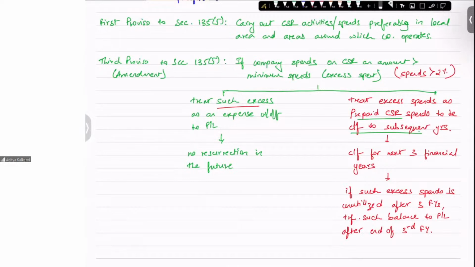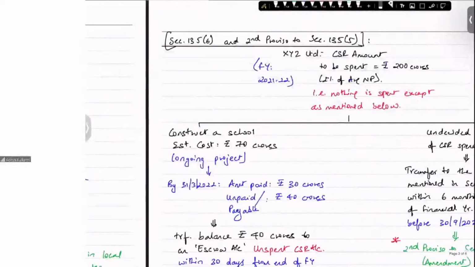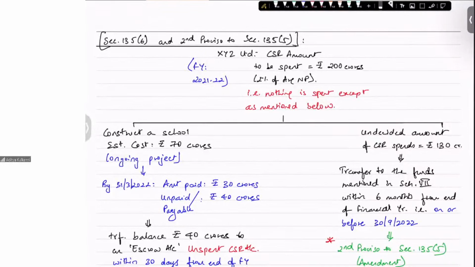I am referring, maybe cheating a little, to what I had done in the last class, because the concept largely remains the same. So now, coming to 135(6) and the second proviso to section 135(5), we are going to discuss these two things together, because they are related and you will be able to correlate them nicely.